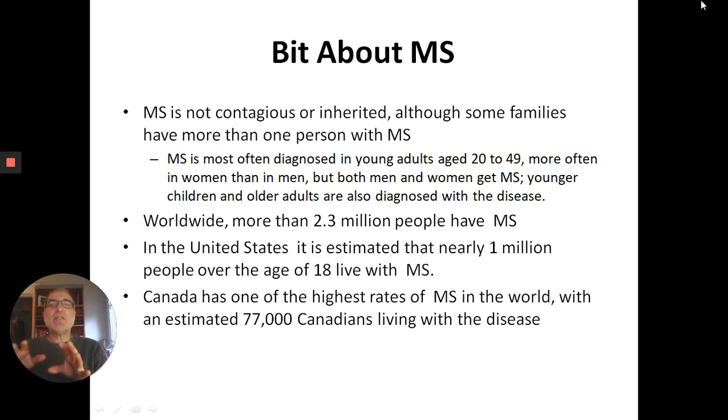MS is most often diagnosed in young adults aged 20 to 49, more often in women than in men, but both men and women get MS. Younger children and older adults are also diagnosed with the disease. So 20 to 49 female is typical, but I'm male. I got it when I was about 42, and I know a lot of men who have MS.